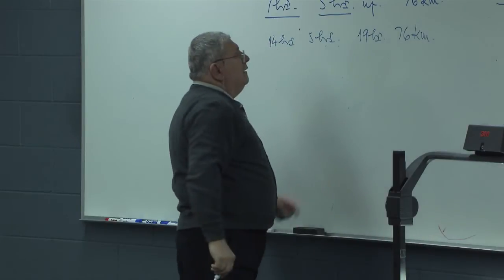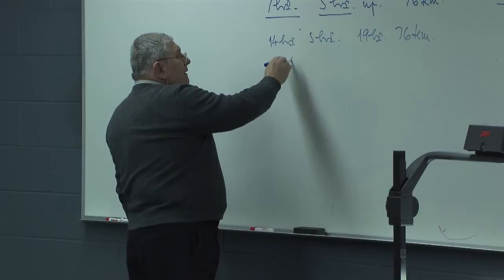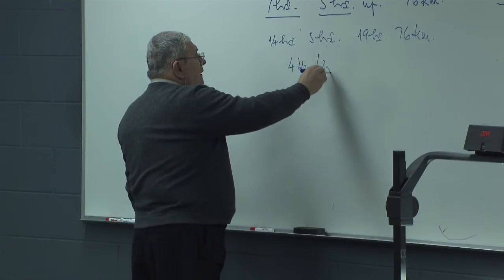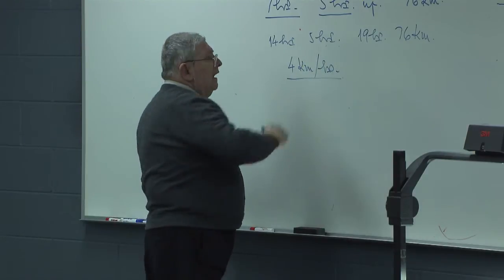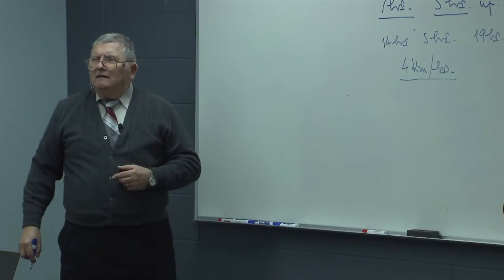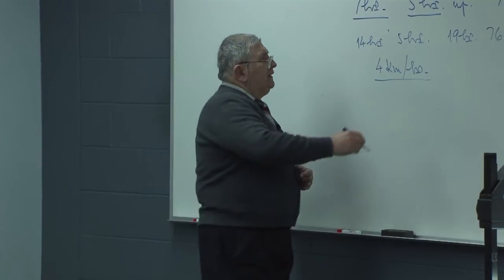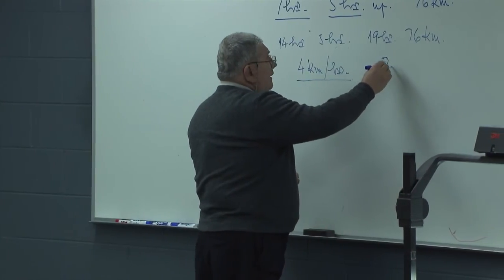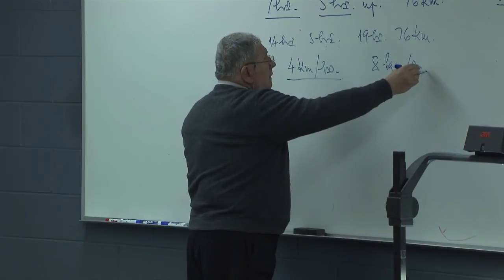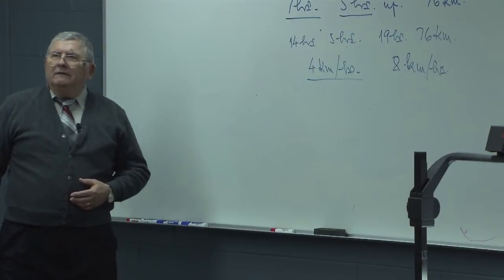So 76 divided by 19 is 4 kilometers per hour is the speed upstream. Do you see how directly we found that? And of course, 8 kilometers per hour downstream.